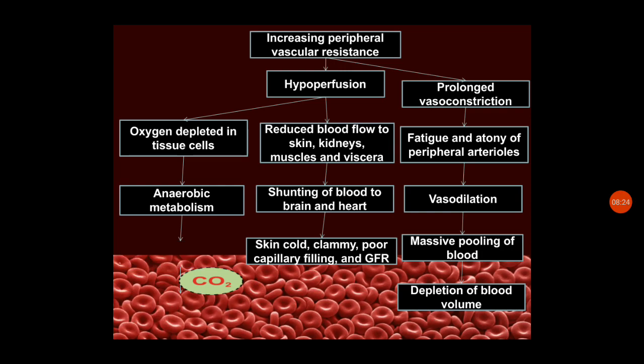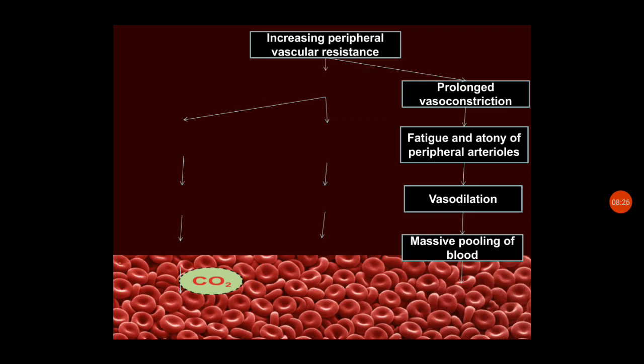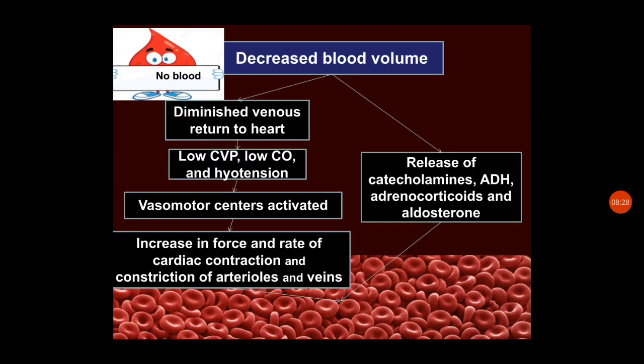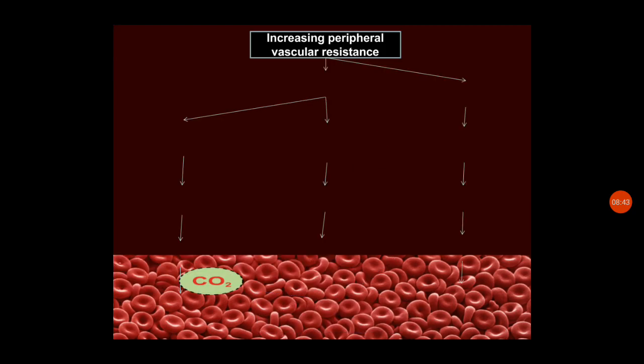Hope you understood the main problem in these pathophysiological changes: decreased blood volume, increased stimulation of the vasomotor centers, and production of catecholamines, ADH and other hormones, so that peripheral vascular resistance increases.